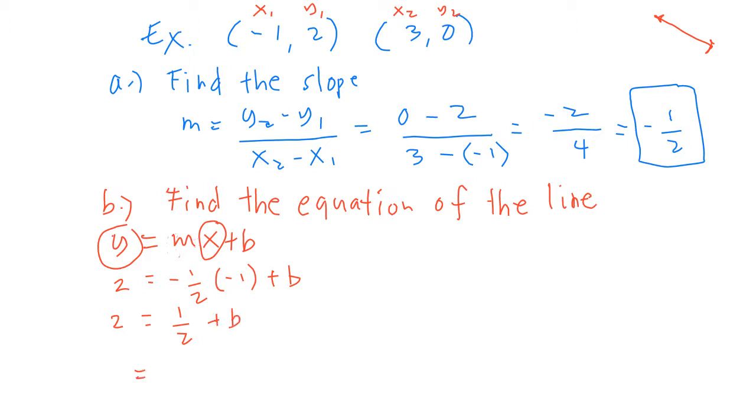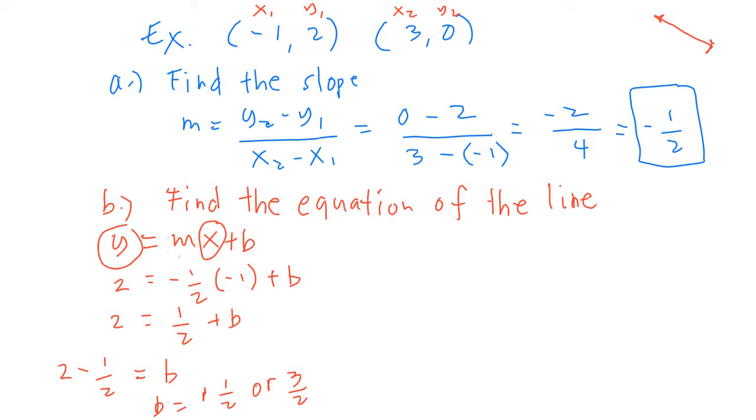Solving for b, I will move my 1/2 from right to left, and it becomes a negative. So that's 2 minus 1/2. Therefore, my b is 1 and 1/2, or that would be 3/2 in mixed fraction.